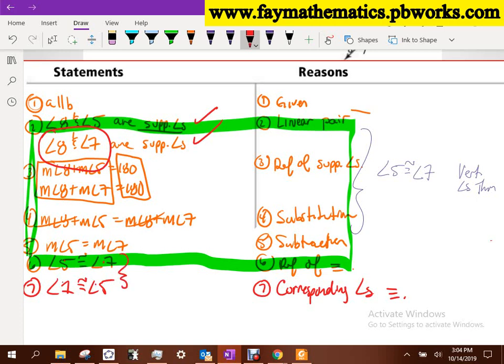If I rewrite these, and this is what Riley's saying, angle 7 is congruent to angle 5. Just flip this around. Then flip this one around. Angle 5 is congruent to angle 1. Careful. Just look at these two statements right there. Nothing else. 7 is the same as 5, but 5 is the same as 7.